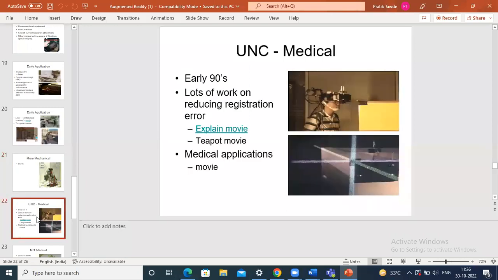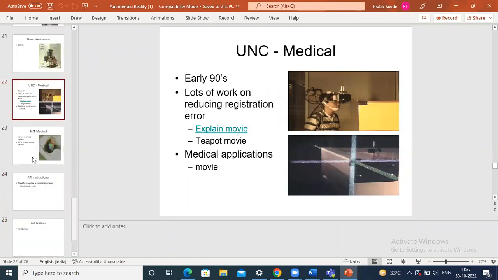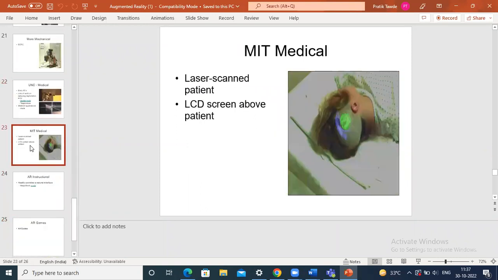Then certain medical applications were also developed in the early 90s. Lots of work on reducing registration error, medical applications movies as well. All right. MIT medical, laser scan patient, LCD screen above patient. So these are some of the micro projects which you can give to the students, or faculties also can develop.